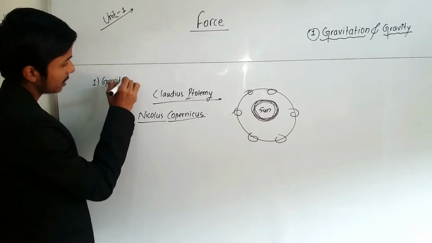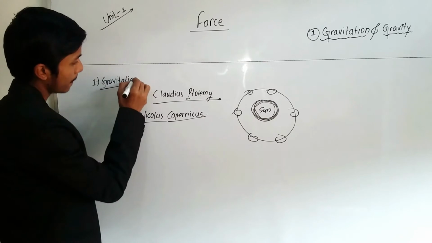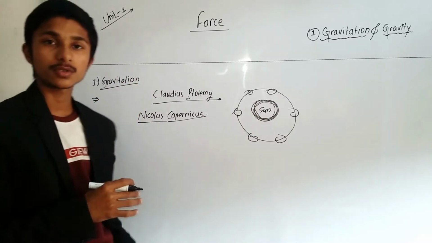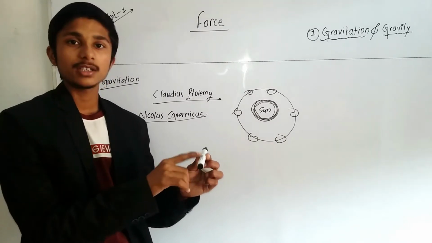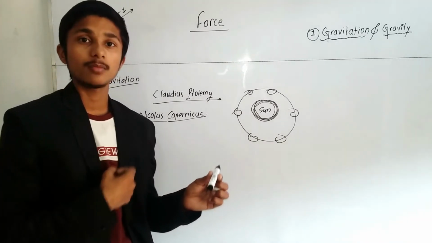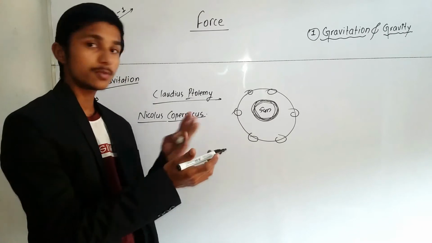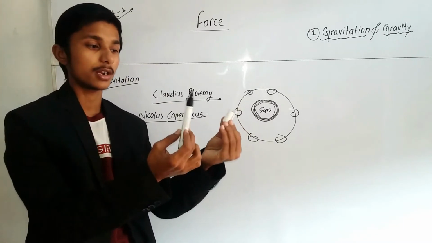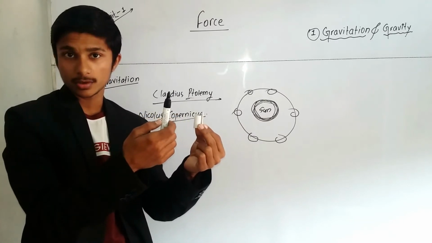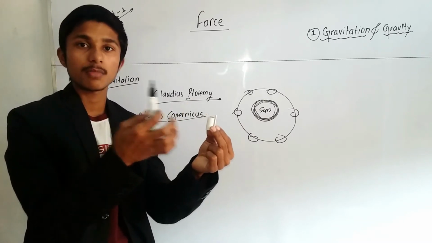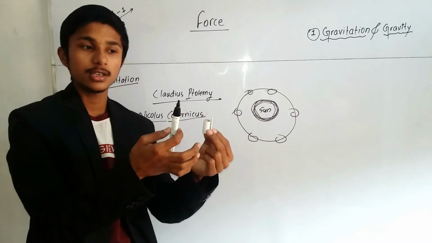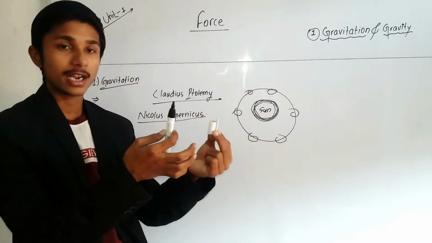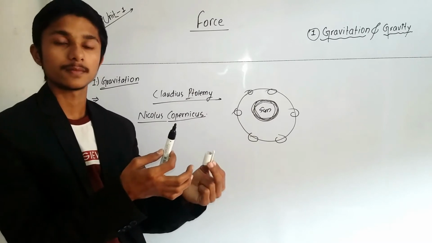What is gravitation? Mutual force of attraction. What does mutual mean? Not only is the marker attracting me, I am also attracting the marker. Suppose this is the lead of this marker and here is the marker. There is a mutual force: the lead also attracts the marker and the marker also attracts the lead. They are attracting each other mutually.